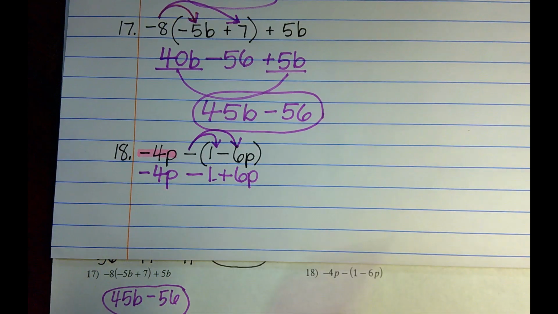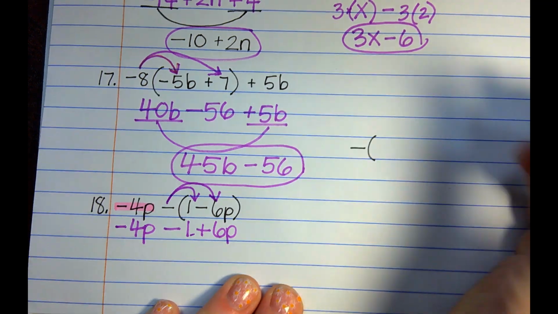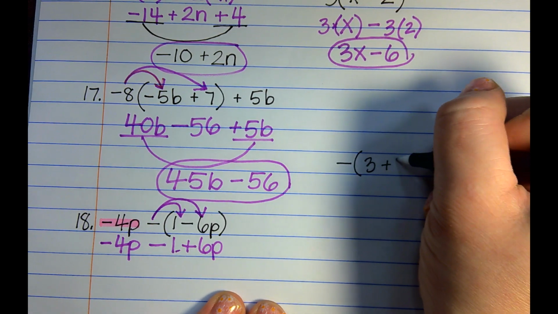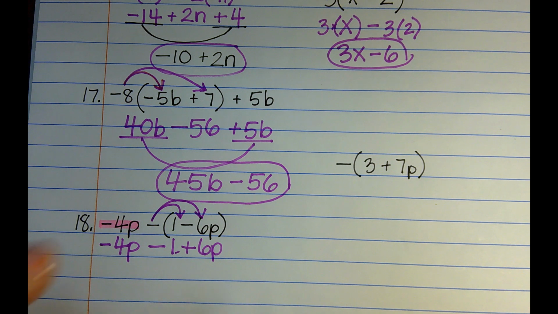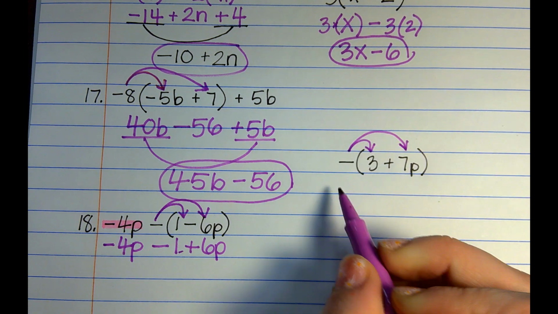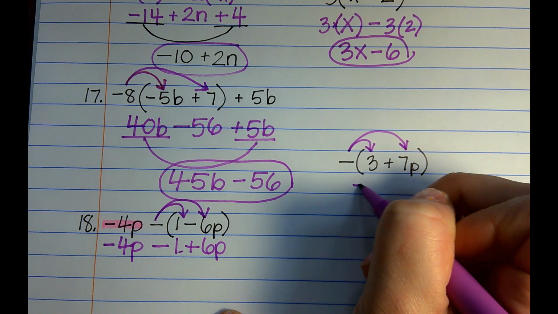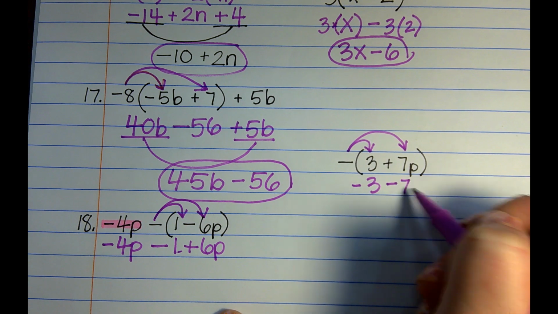So, I'll give another example. If I have, this is just a random one, 3 plus 7p. What would happen here if I distribute the negative? This would change from positive 3 to what? Negative 3. Plus 7p to what? Minus 7p.